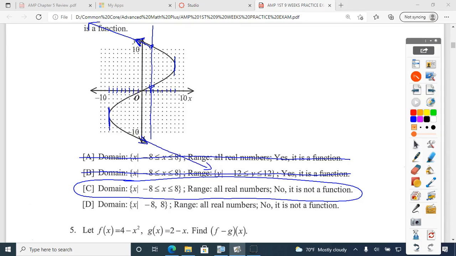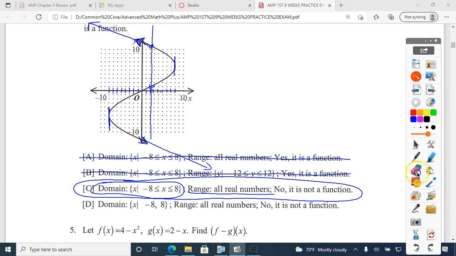It does go forever up and forever down, so all real numbers is the range. I have no problem with that, but I do have a problem with the domain. On the actual exam, I'm going to have to examine that problem a little closer, because I don't really agree. I think it should be all real numbers for both of them, the way it's written.